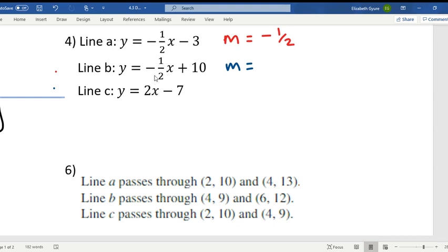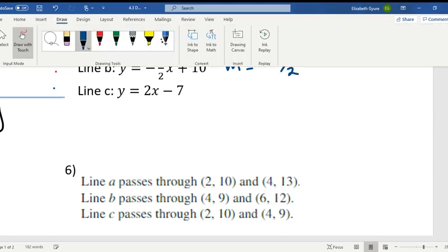I think you might be looking at the wrong number, hon. We're on number 4. I don't see a negative 5/4. No, we're on number 4. They're completely different problems. Yeah. Okay. It'd be negative 1/2.